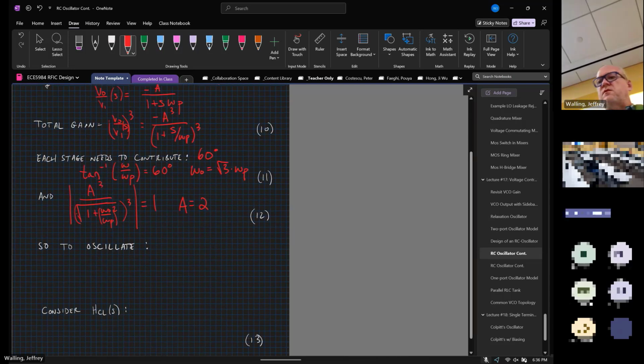All right, so this is just, of course, substituting s equals j omega and finding the magnitude of that transfer function.